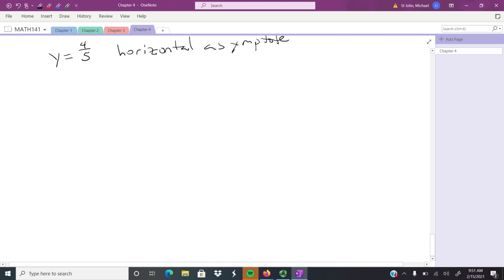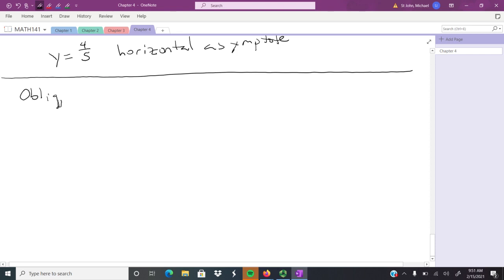And then the other type of asymptote is called oblique. Oblique asymptote. So this only occurs if n is equal to m plus 1.